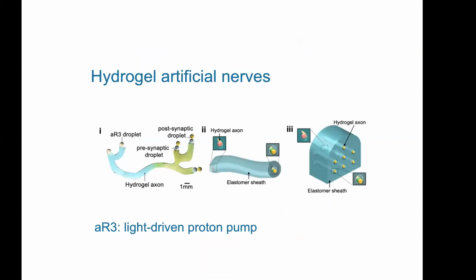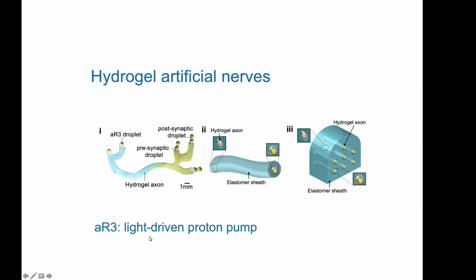Now, this has also been done by using purely hydrogel structures rather than printed droplets. So these devices have droplets at the end of these so-called artificial nerves. And in this case, instead of applying a potential, we're using a bacteriorhodopsin-like protein to pump protons into this structure. So bacteriorhodopsin, or this AR3 protein, is a light-driven proton pump.